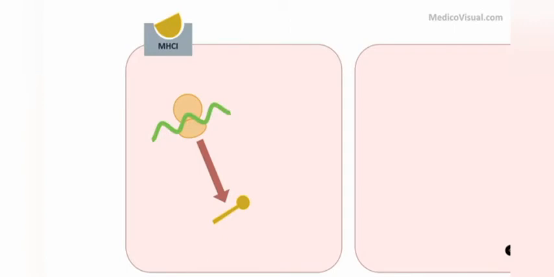Of course, a normal cell will present normal cellular proteins on MHC1, and a virus-infected cell, or in this case a vaccine-infected cell, will present viral proteins, or fragments of S protein in this case, on MHC1.